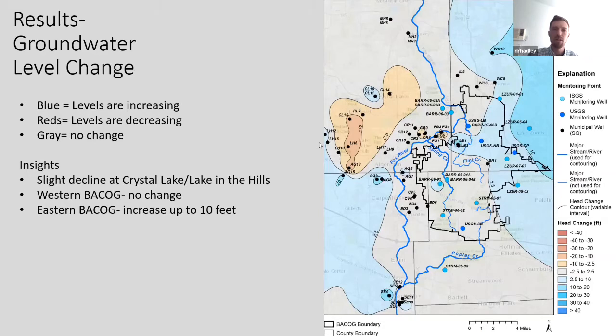This makes it challenging to do a year-to-year comparison, because if a well was on for an hour versus a day, you're going to have a very different water level. So we made the recommendation to Janet starting in 2017 to change that protocol.